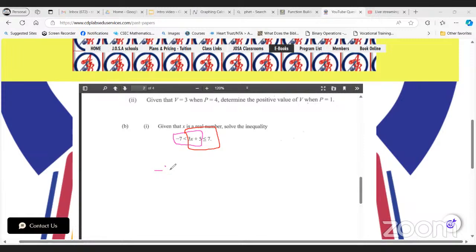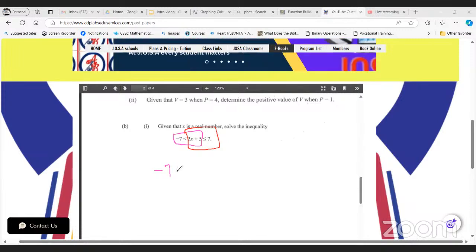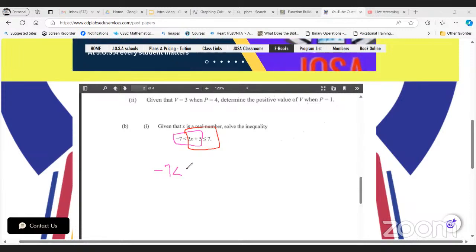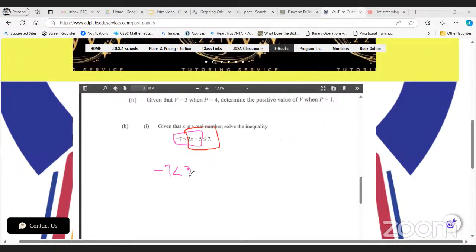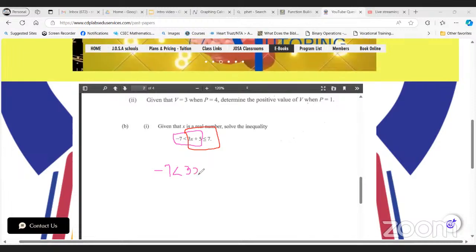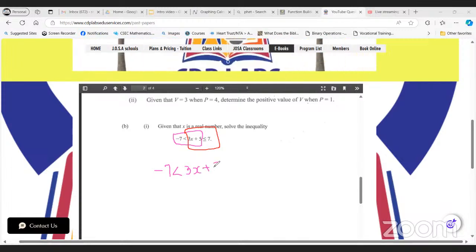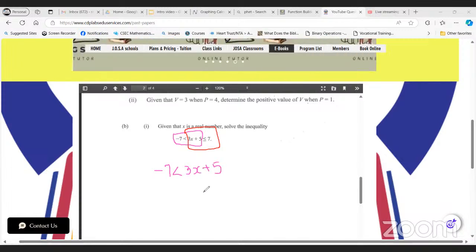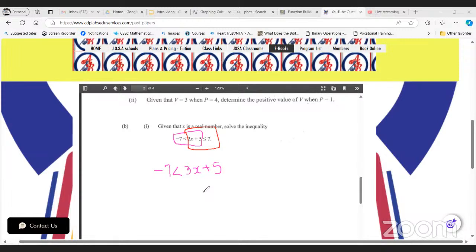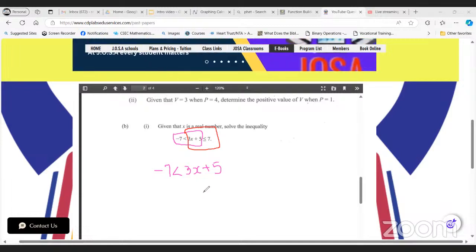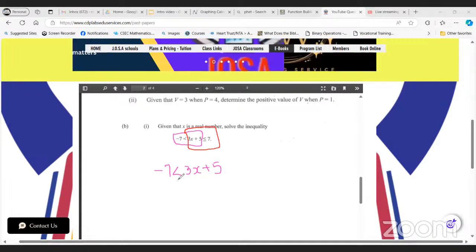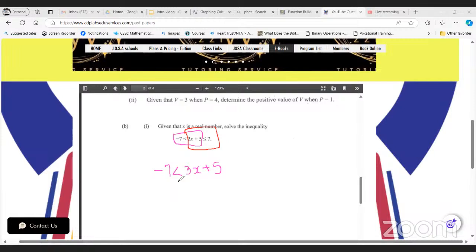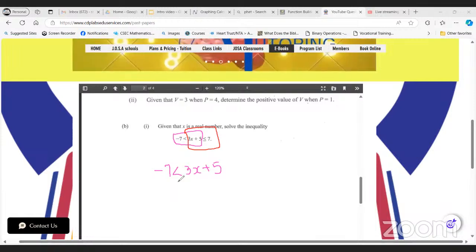So -7 is less than 3x plus 5. And note, it is a function. Now what we do, we replace this inequality sign with an equal sign.